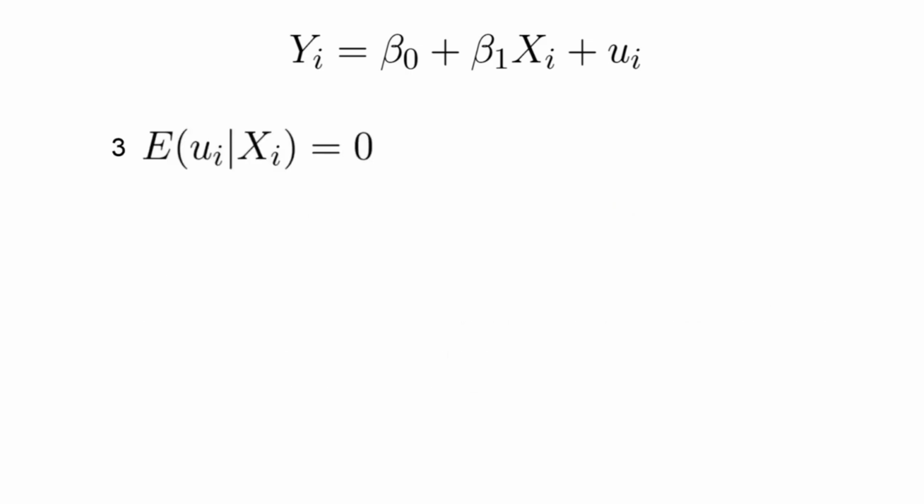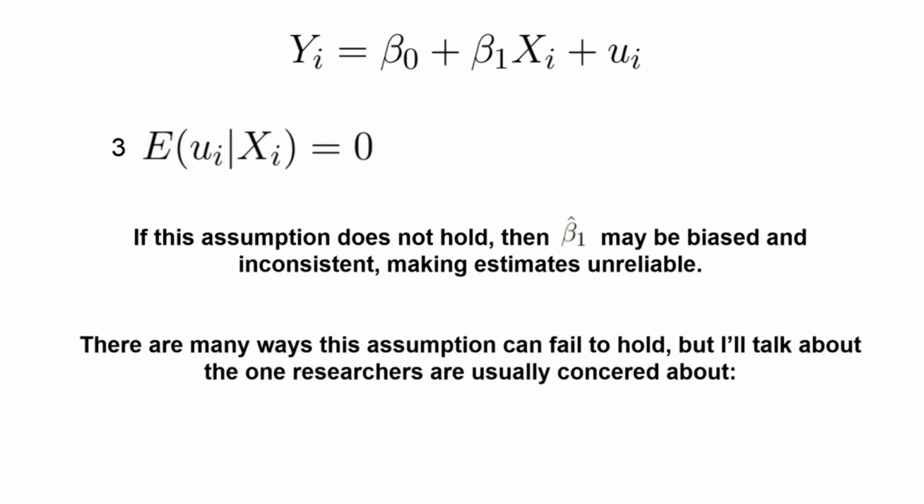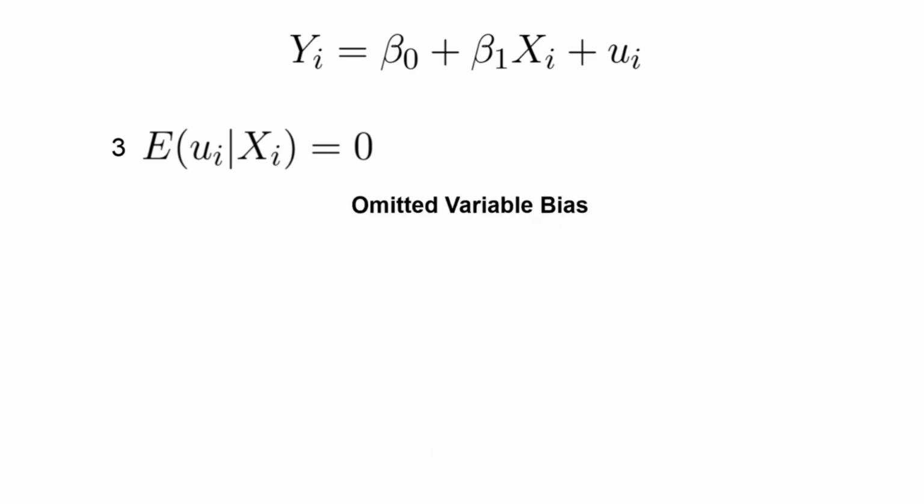Our next assumption is about the zero conditional mean assumption. If this assumption does not hold, then beta 1 hat may be biased and inconsistent, making estimates unreliable. There are many ways this assumption can fail to hold, but I'll talk about the one researchers are usually concerned about, and it's called omitted variable bias. So what exactly is omitted variable bias and how do we get it?